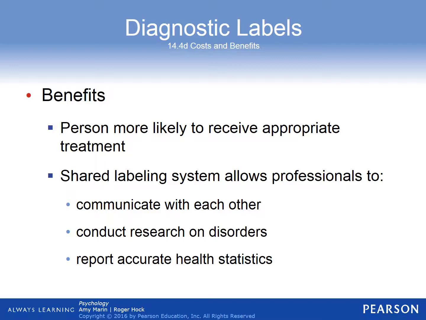In the book, you'll find this information at the very end of the chapter, the benefits and costs of labeling people. When I was in my training as a counselor, we were taught very specifically, you do not label people. You do not call a person an alcoholic. You do not call them a schizophrenic. And obviously, we'll talk about that in the discussion, there's some implications there of calling someone by that name, because then that's who they are.